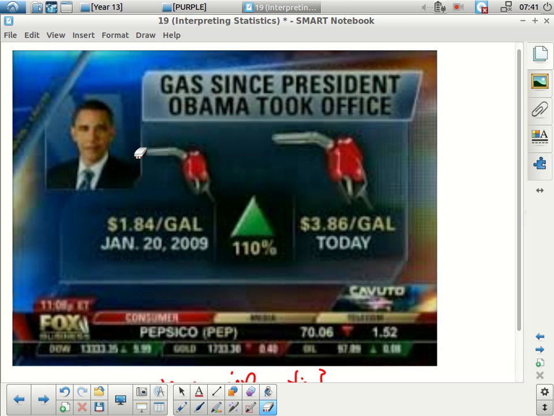But that implies that the president somehow has direct control over gas prices, and he really doesn't. So it's not necessarily a wrong stat, but it may be meaningless in this context. What does that actually say about what's going on?